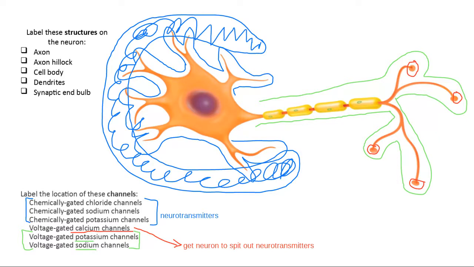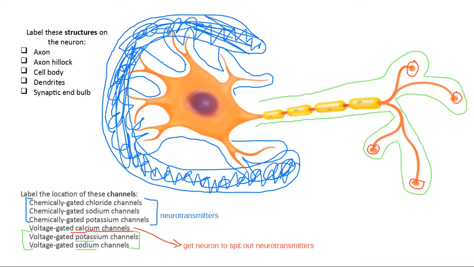But chemically gated channels up here, big letter C around the cell body. That is a great study tip. I'm going to steal that, Audrey, when I teach this class next semester. So thank you. That's great.